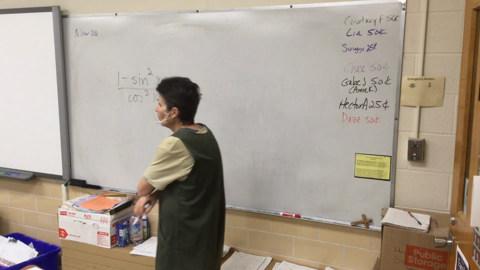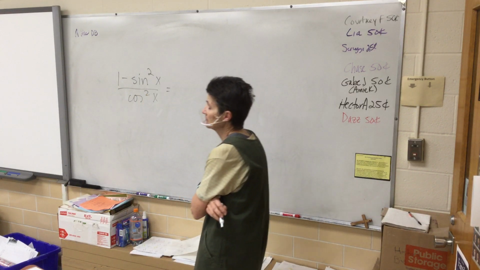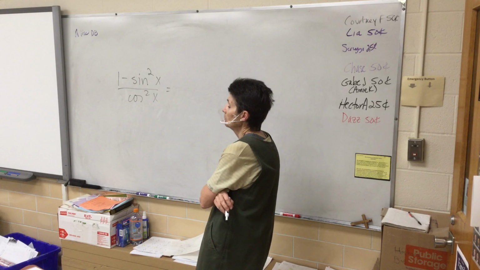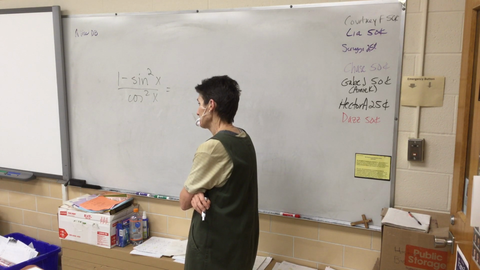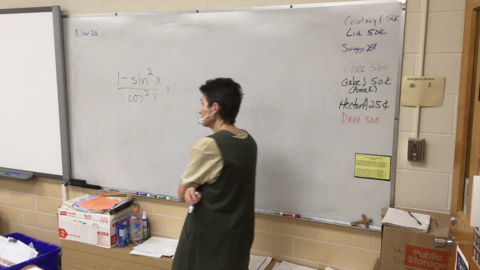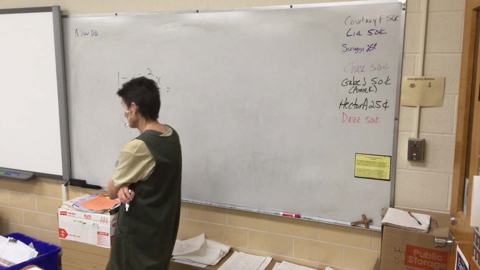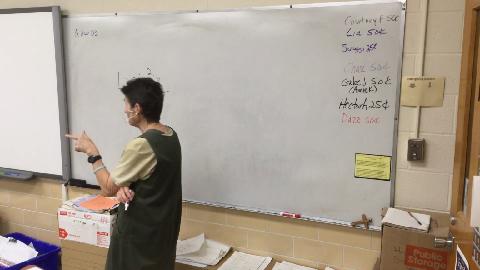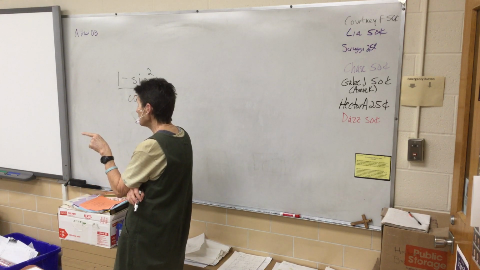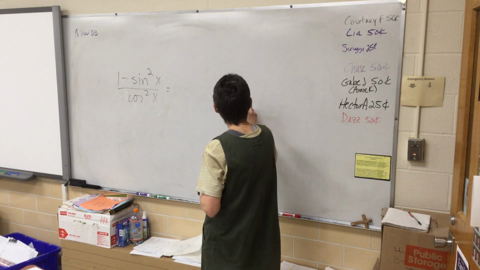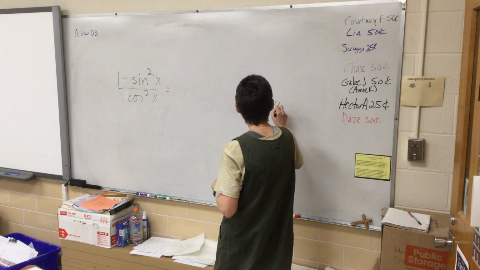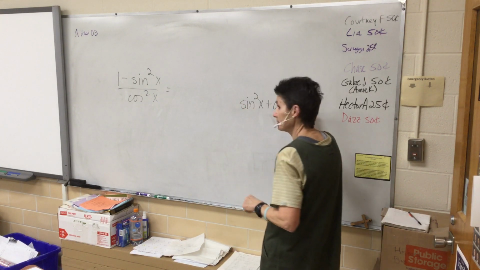All right, so 1 minus sine squared. What's 1 minus sine squared? Now, this one's a little bit trickier because you actually don't see 1 minus sine squared, right? So what you need to remember is you do see sine squared plus cosine squared equals 1.